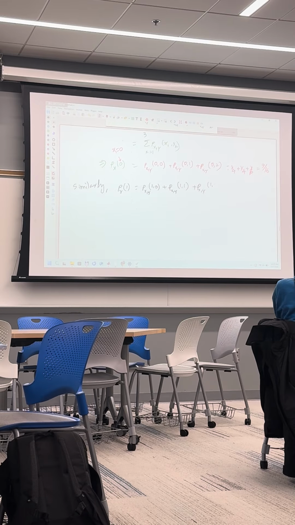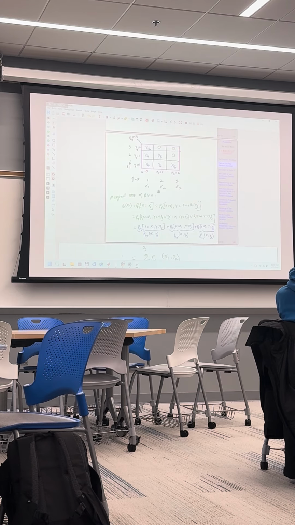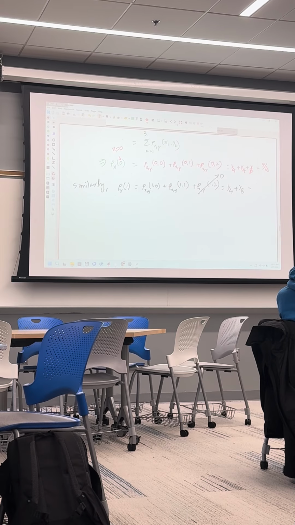Can we have 2? No, this is 0, because 1, 2 does not exist. So this probability is 0. This is an impossibility. So it is 1, 0 is 1/4 plus 1, 1. How much was it? 1, 1 was 1/8. So 1/4 plus 1/8, which is 3/8.